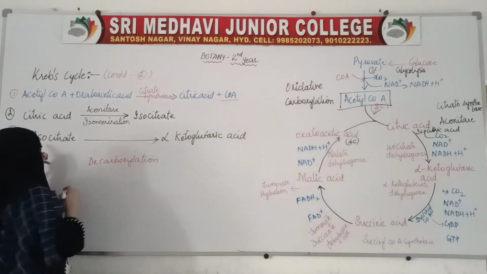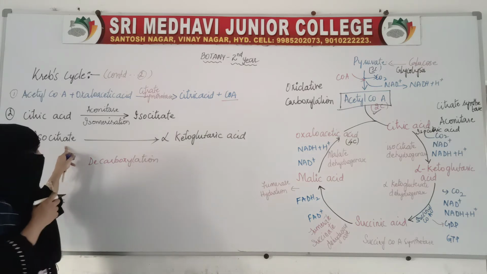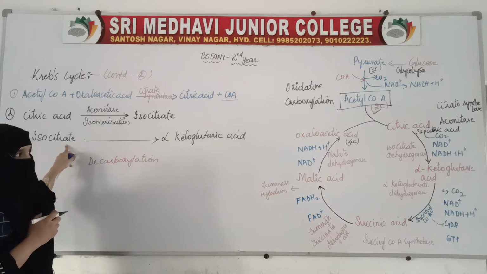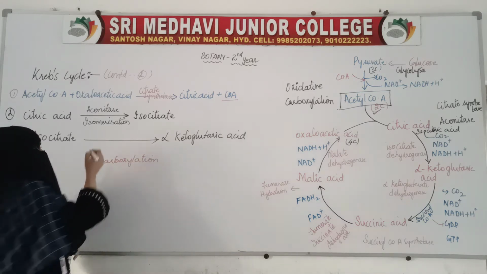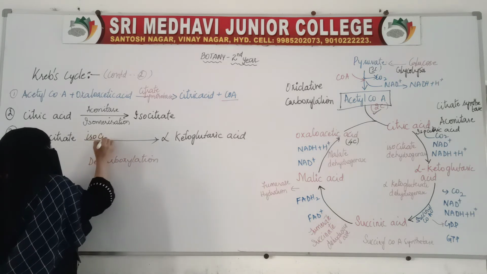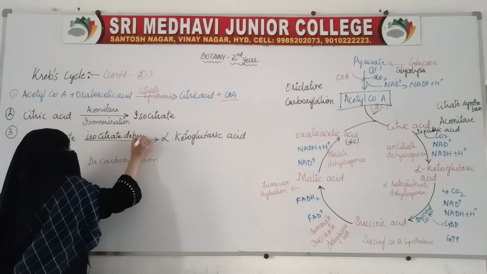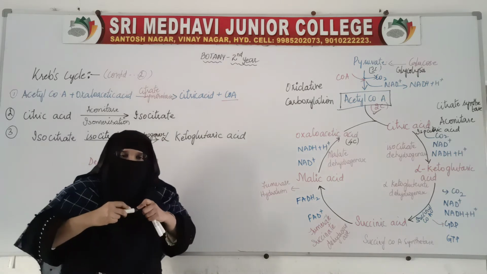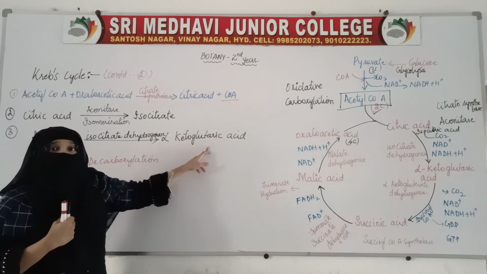So this isocitric acid or isocitrate, one and the same, undergoes a reaction in the presence of isocitrate dehydrogenase, and isocitric acid has changed into alpha ketoglutarate.